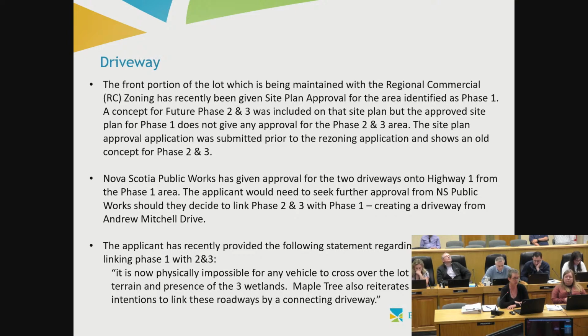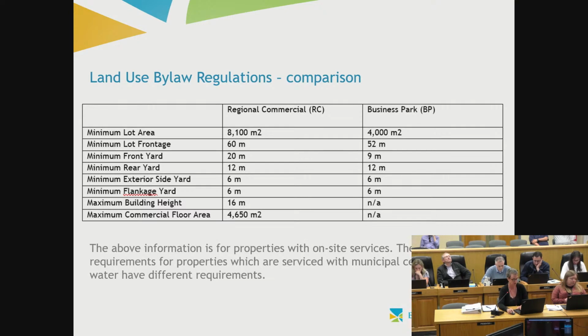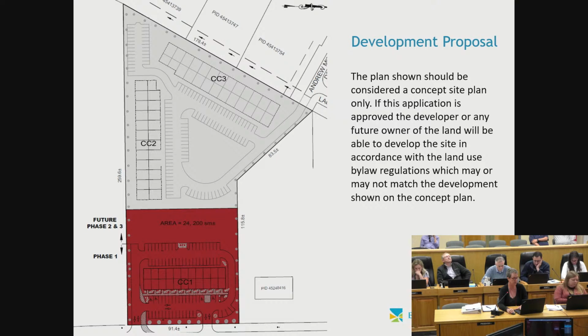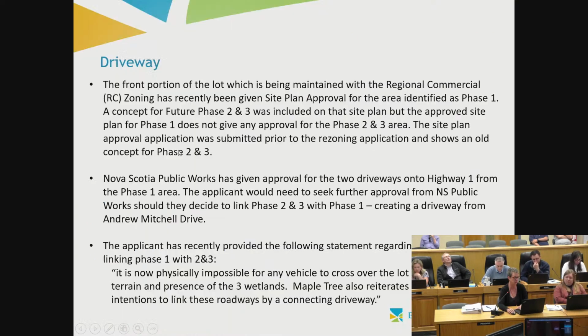The site plan approval application was submitted prior to the rezoning and shows an old concept for Phase 2 and 3. So this here is the current concept for Phase 2 and 3, and it shows here the Phase 1, which is where the site plan approval has been given, and there is no requirement for site plan approval on that back portion, and the development officer hasn't given any approval for layout on that back portion.